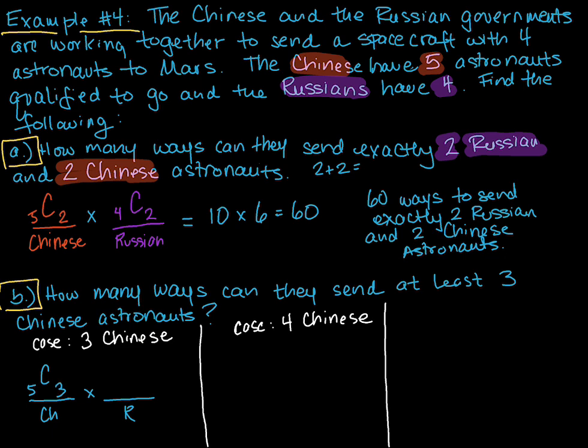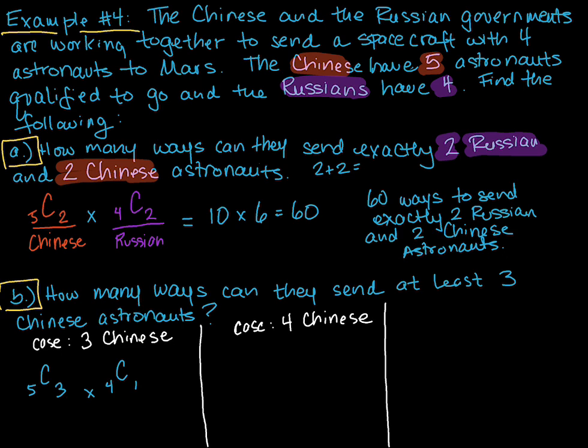And if we're choosing 3 Chinese, then there's only 1 seat out of the 4 left for Russian, and we're choosing that out of 4. And I didn't leave myself a lot of room now, did I? So let me erase these and just color code it for you.